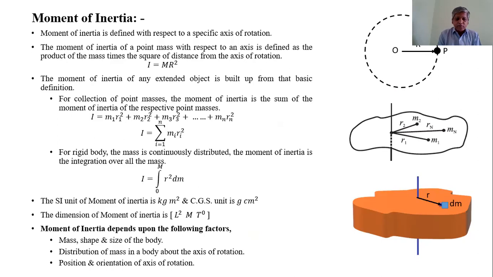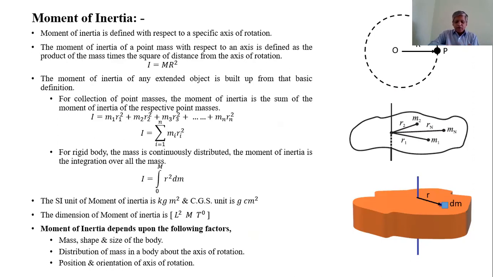If we change the axis of rotation, its position, if this is the axis of rotation, the moment of inertia is different. But if we consider this is the axis, at that time the distribution of mass is larger as compared to this axis. Therefore, the moment of inertia is different for the same body if the position of the axis is changed or its orientation is changed.